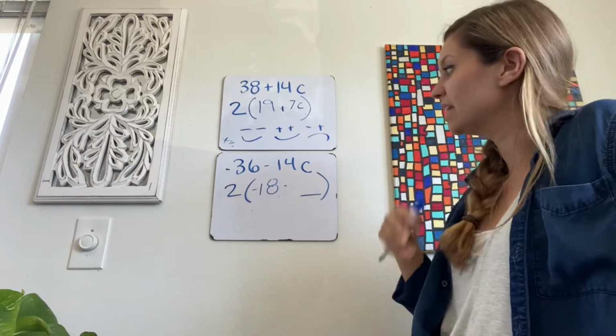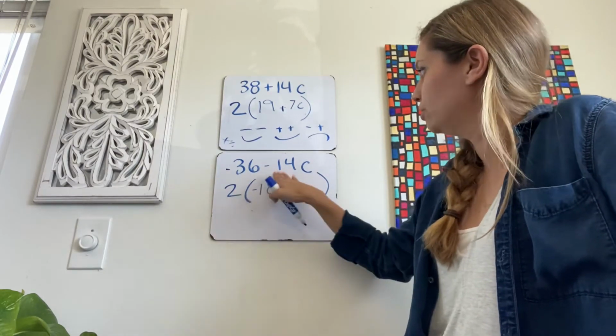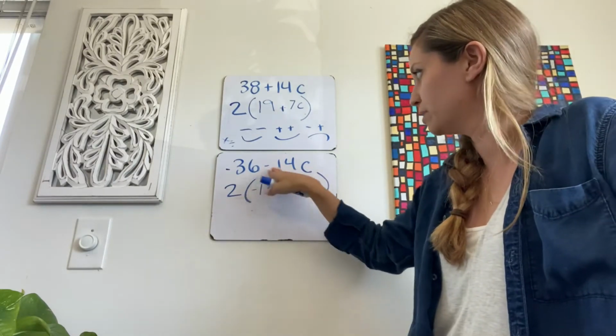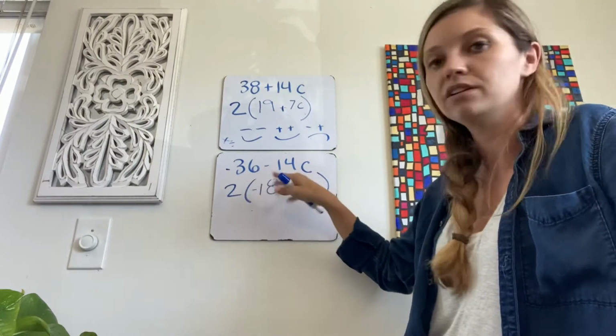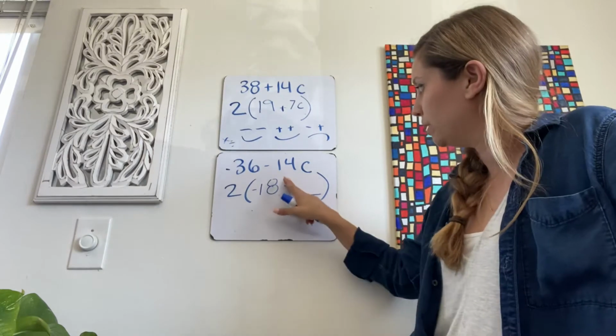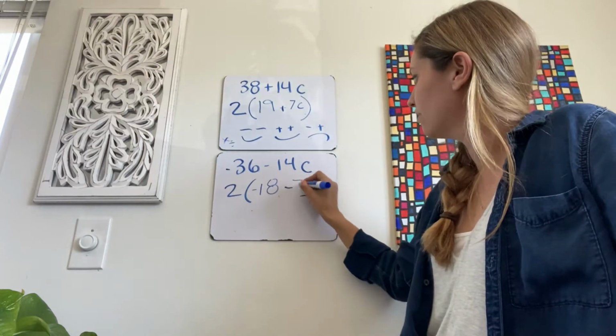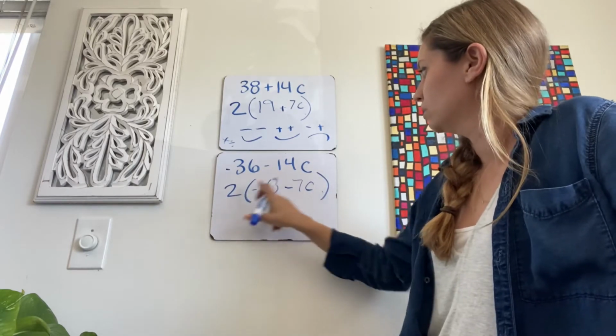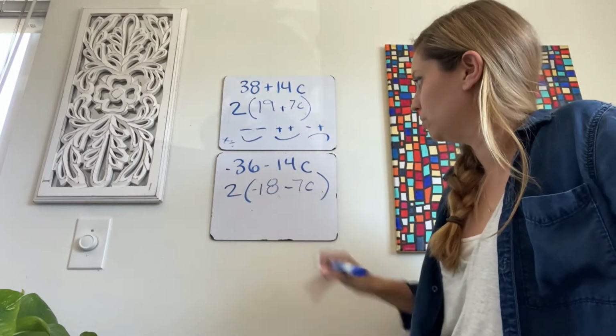Okay? Next, how did you get from 2 to negative 14? Remember, this negative sign is the same as a minus sign, so 2 times minus 14, 2 times negative 14, it's the same. That would be negative 7C, because 2 times negative 7 gives you negative 14, and you keep your C.